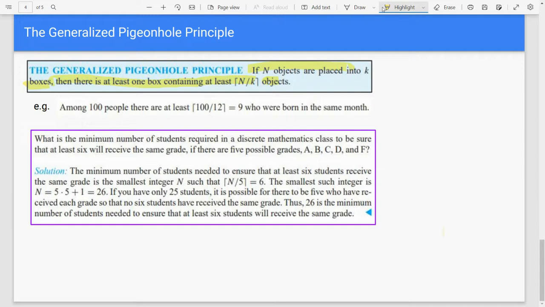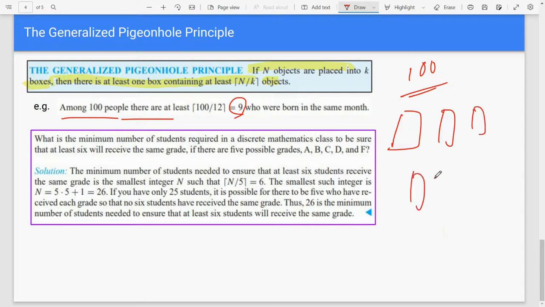What does this mean? See it this way: say there are 100 people. It says there are at least 9 people who are born in the same month. How is this true? Let's say we have 12 buckets, 1 2 3 4 5 6 7 8 9 10 11 12. You pick a person randomly and put them into a bucket because maybe they were born in January or February or March.